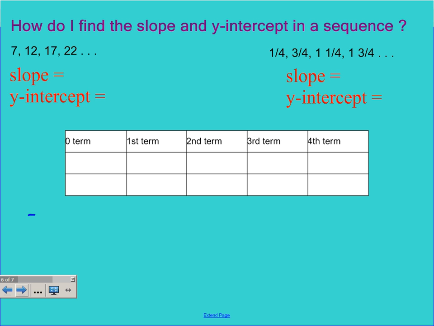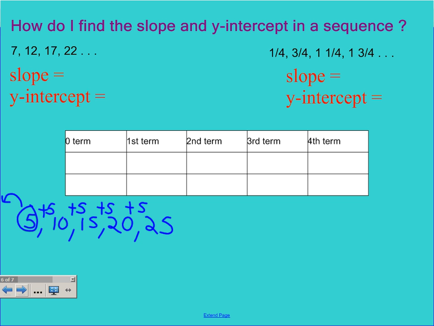If my sequence is 5, 10, 15, 20, 25, my change is positive 5, positive 5, positive 5. When I take 5 and I back up one place, then that would be 0. That's kind of like before the story started.